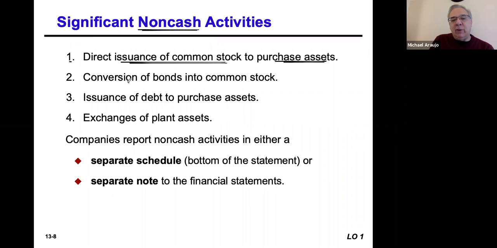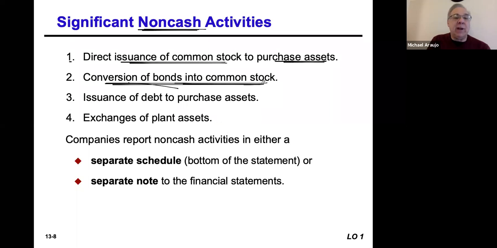When they have convertible bonds, you probably remember chapter 10 back in Accounting 104, we talked about bonds and convertible bonds. Well, what happens when you convert bonds into common stock? Because that's what a convertible bond allows the bondholder to do. That's a non-cash transaction. Usually the bondholders would be paid back in cash. In this case, the bondholders are not paid in cash.